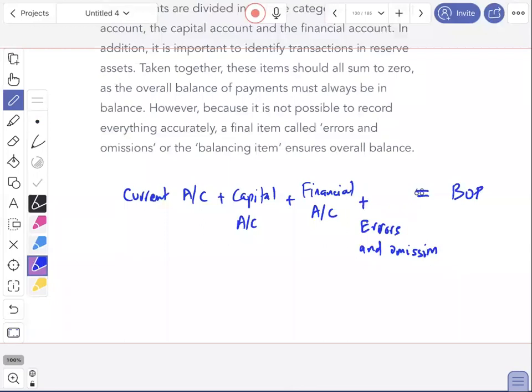Let's say current account was 20, capital account was 10, and financial account was minus 40. But there could be errors and omissions that will also be here, which is basically trying to take into account any accounting error. Any accounting error which is only for the short term will be put into errors and omissions.